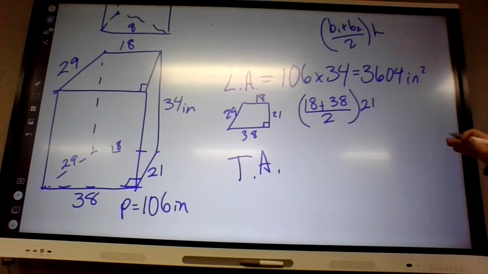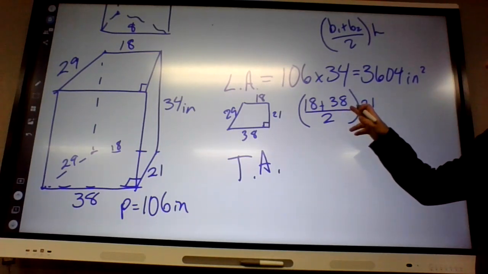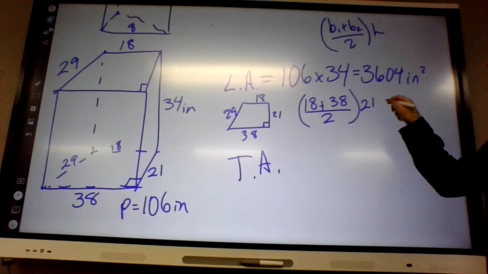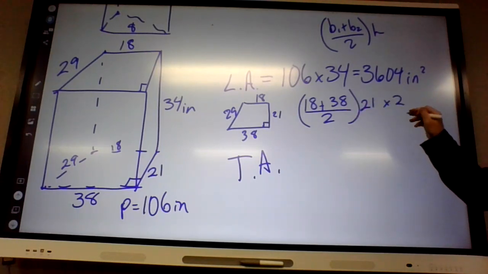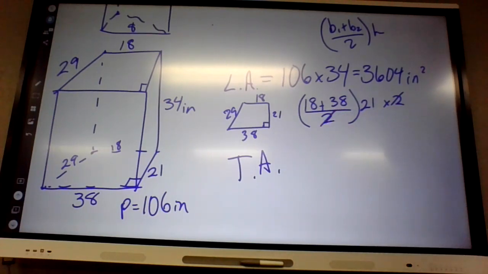Okay, after I do this it gives me a trapezoid. What do I do after I get the trapezoid? Times 2. Actually, you can kind of cheat here and do this, or you can just plug it all in, it doesn't matter. 56 times 21.